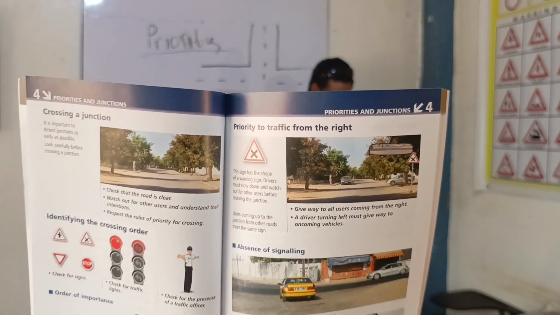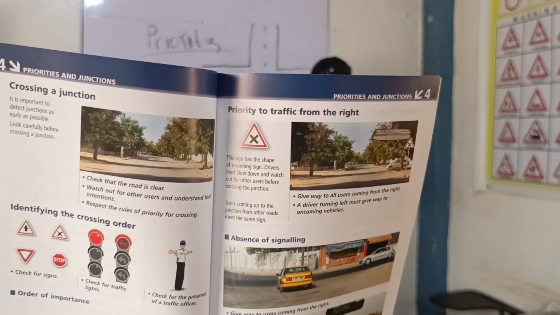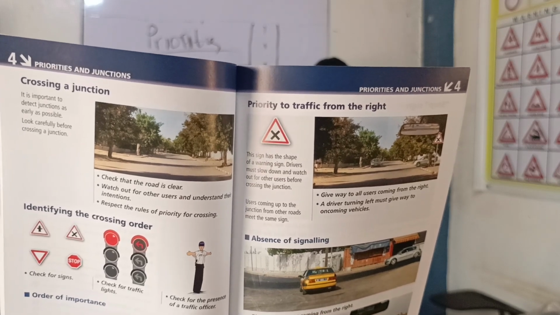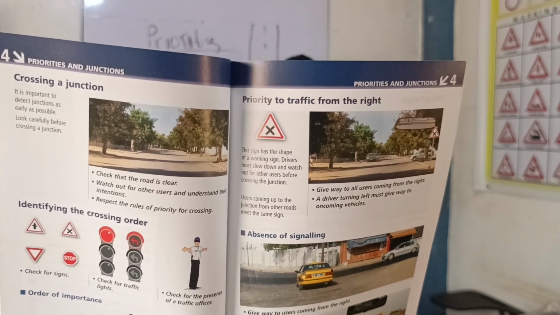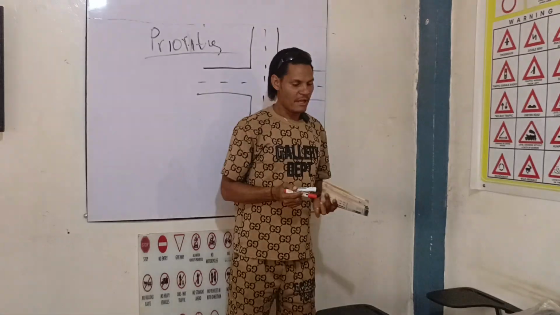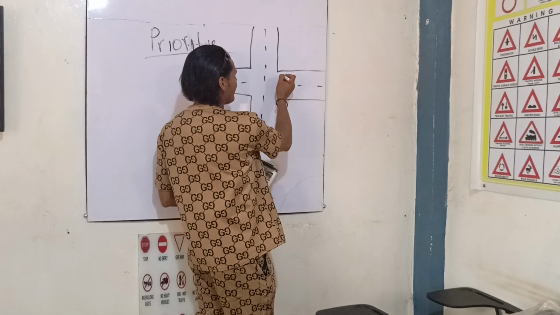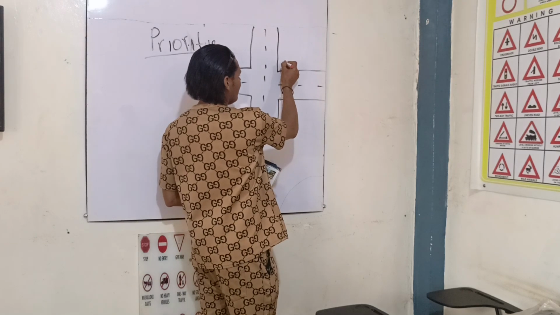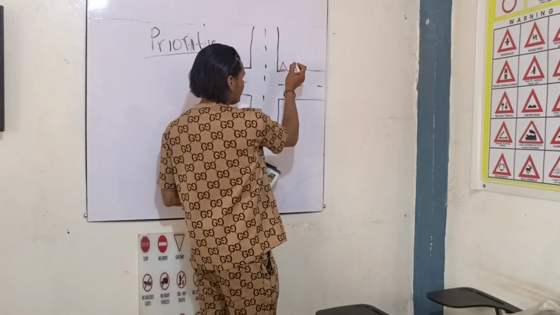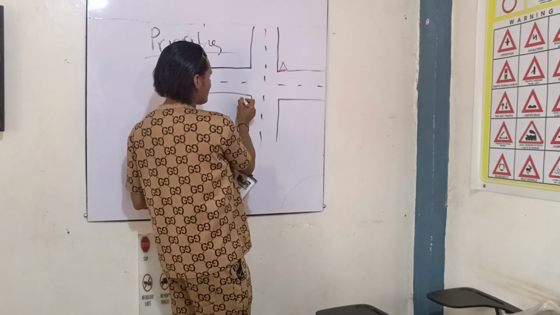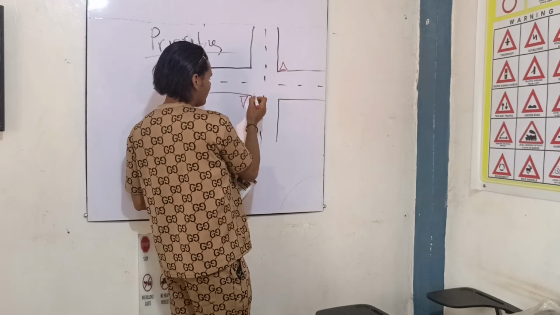This sign has the shape of a warning sign. Drivers must slow down and watch out for other users before crossing the junction. You will see they always stand by the roadside, right? It's our triangle. Then we have the upside down triangle too, which can be there.